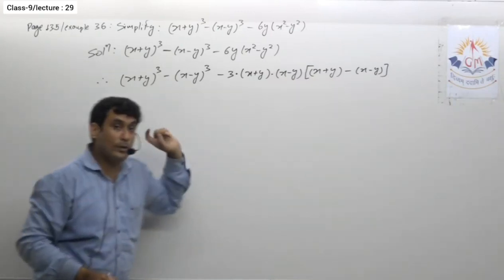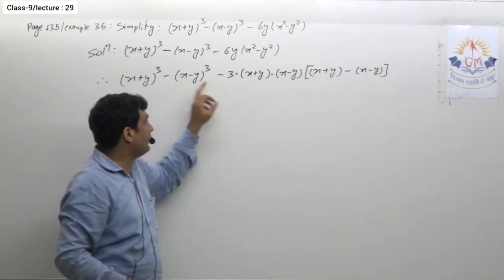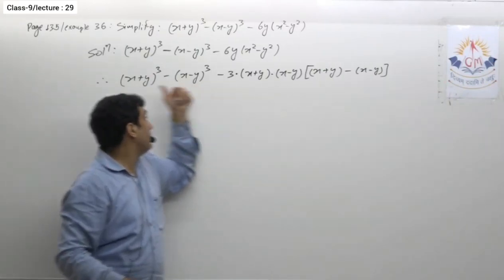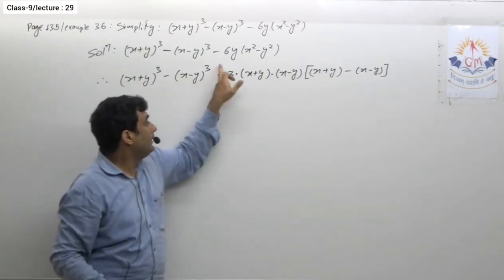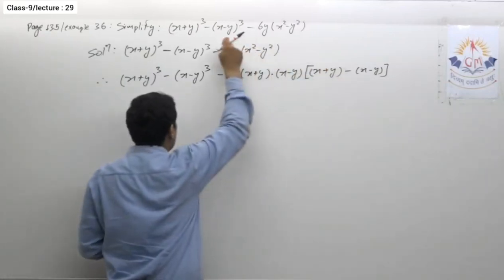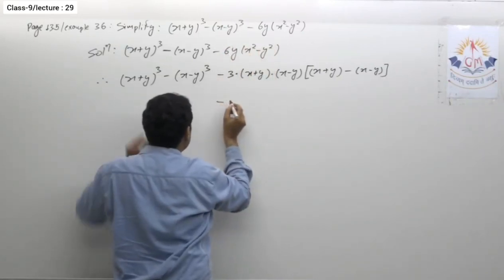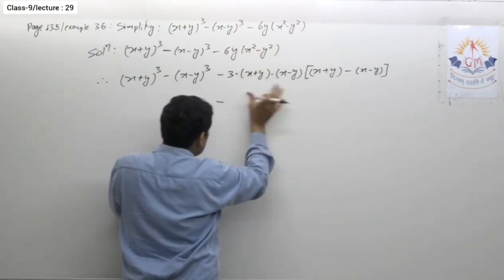That means just to complete the identity I wrote this. This was a cube minus b cube, then this I wrote by considering this as a and this as b. Now I check if I simplify this whether I am going to get this or not. So let me simplify this just to verify.